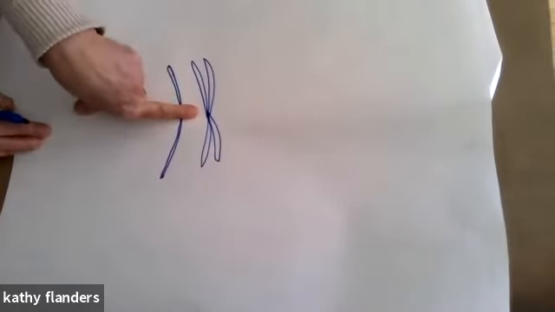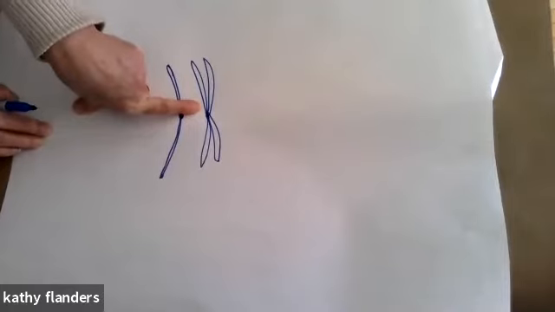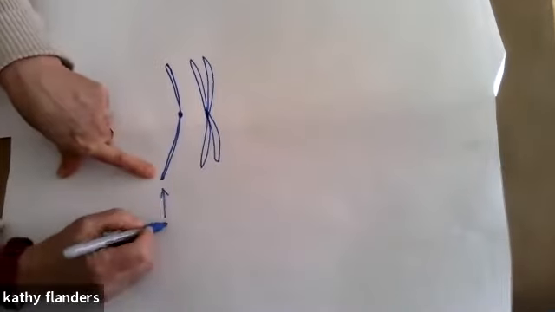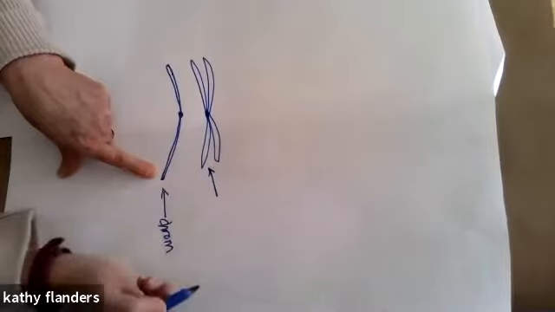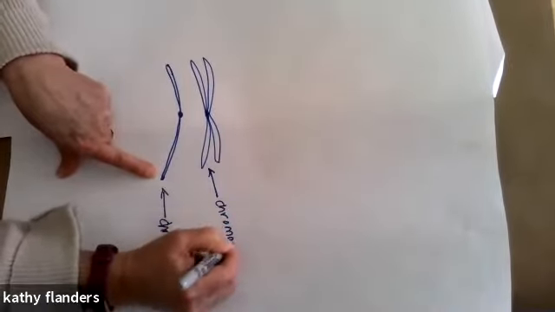What is that? A pair of chromosomes? Is it a pair of chromosomes? Still a chromosome. What is it actually, though? So this is one chromosome. This is also one chromosome, right?